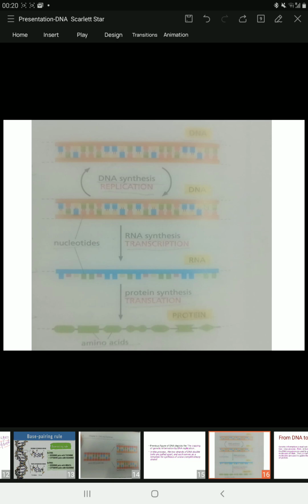DNA synthesis, replication. DNA to RNA synthesis, transcription, nucleotides. RNA to protein synthesis, translation, amino acids, proteins. Firstly, this is the central dogma. It is DNA synthesis, replication. Firstly, replication happens. Then there is the transcription process.